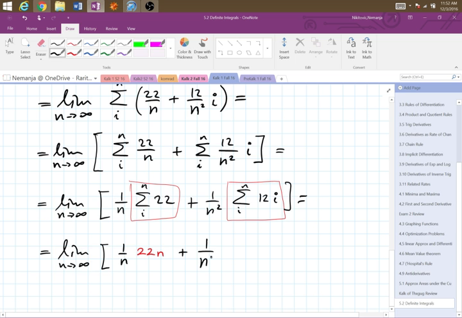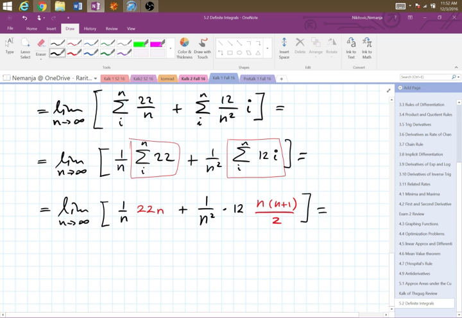Plus 1 over n squared times 12 times, and the formula for this one is n plus 1 divided by 2. And now you're finally back in chapter 2 when you're taking basic derivatives. Sorry, limits.